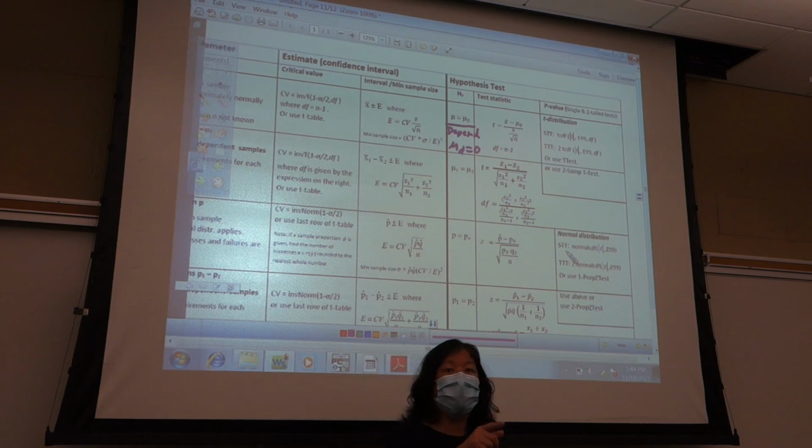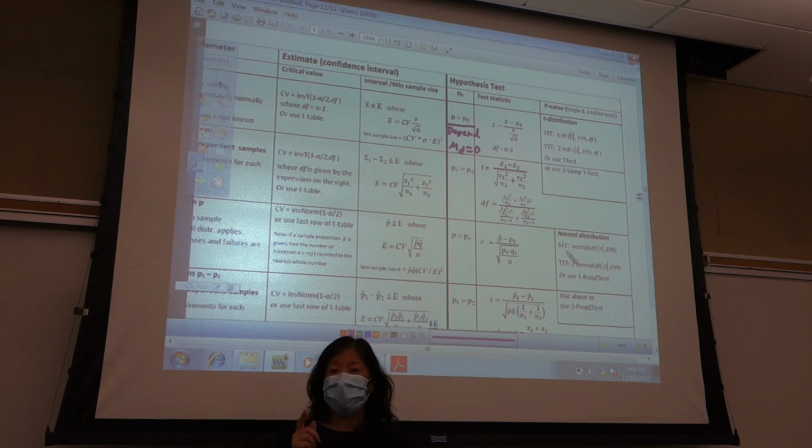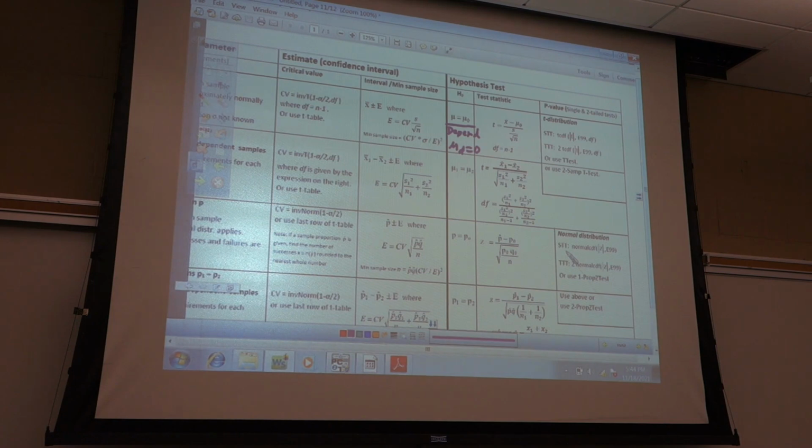And for your H1, the only change between H naught and H1 is the sign: less than, greater than, or not equal to. The other thing that's great is that whatever is in your claim is the same thing that goes in mu naught.